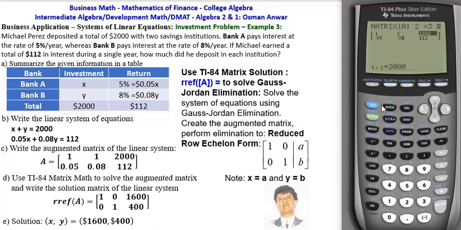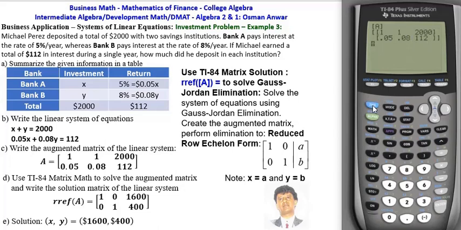So do second quit, second matrix, hit enter, so these are the values, make sure they are correct. So it's 1, 0.05, 1, 0.08, 2,000 and 112.